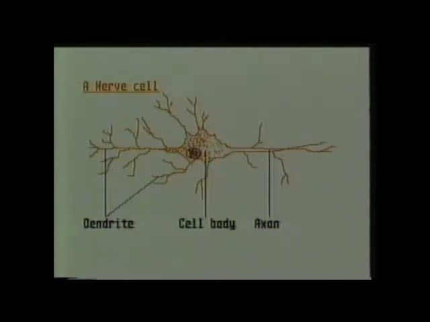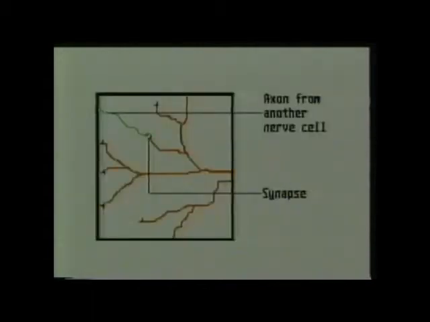The ends of these branches are called synapses and link the nerve cell to adjacent nerve cells. The cytoplasm of nerve cells is able to change rapidly its concentration of ions. These ions are charged particles. This causes an electrical impulse to flow from one end of the cell to the other.